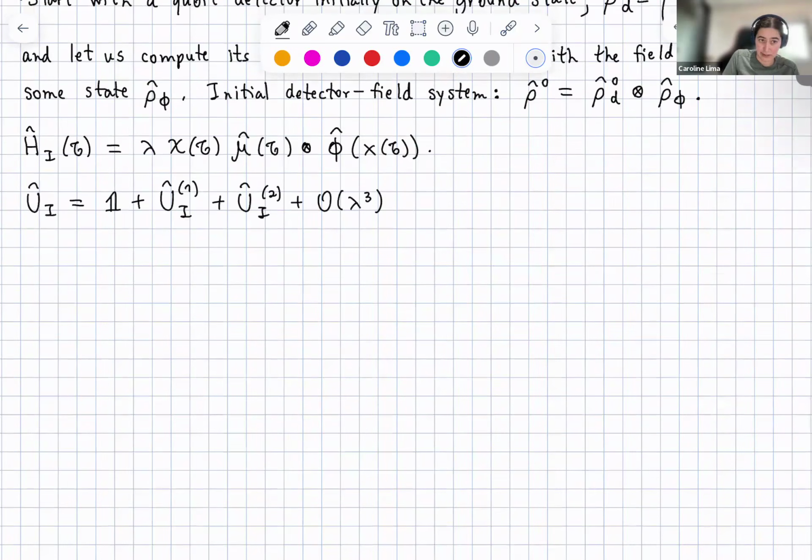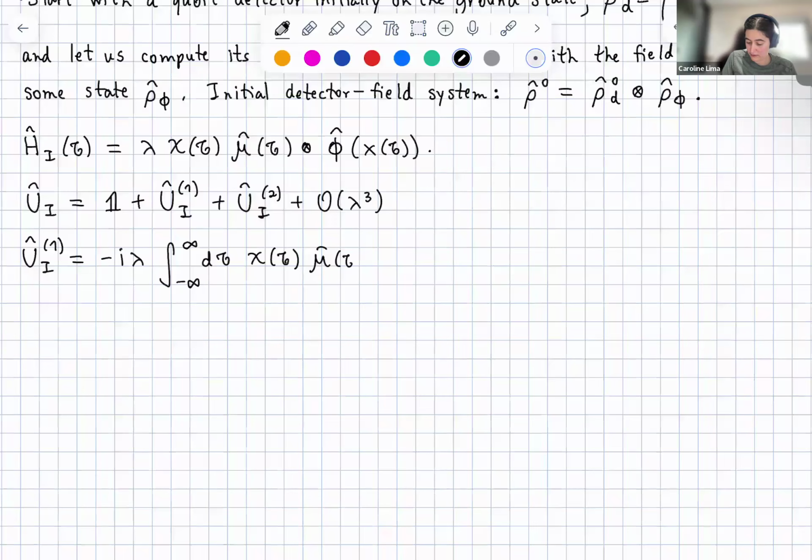And in our particular case, what we have for this interaction Hamiltonian is going to be for the first order minus i lambda times the integral from minus infinity to infinity of d tau chi of tau mu of tau, tensor product with the field amplitude. Okay.